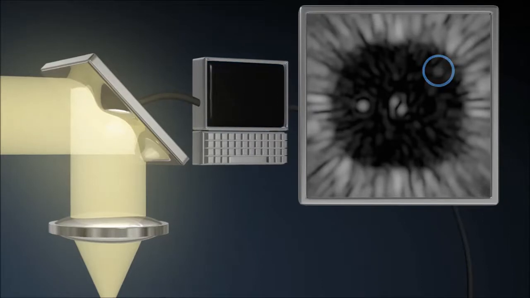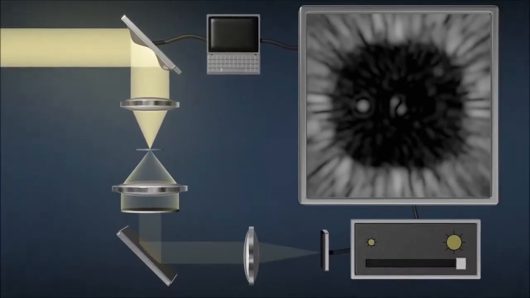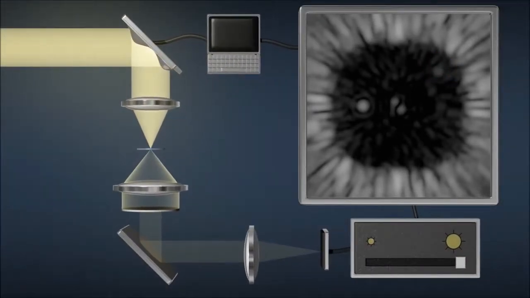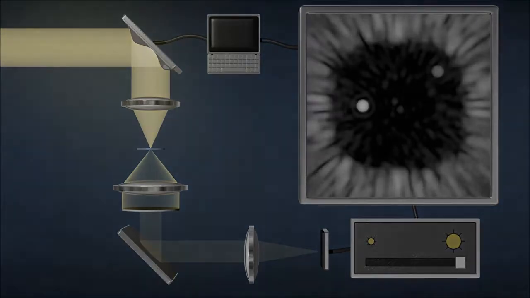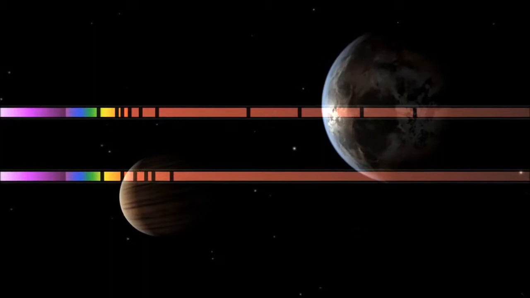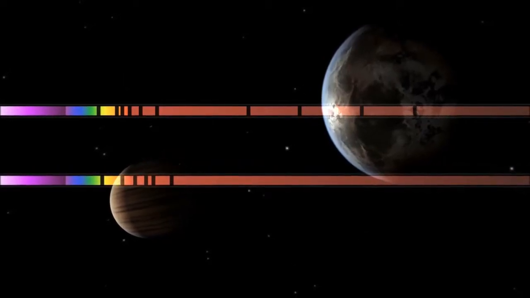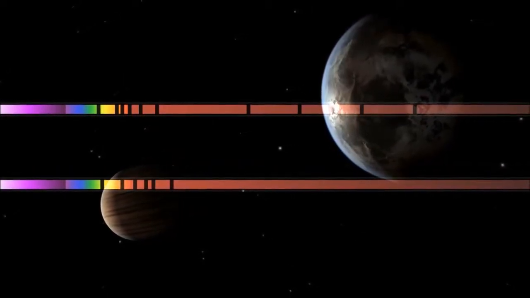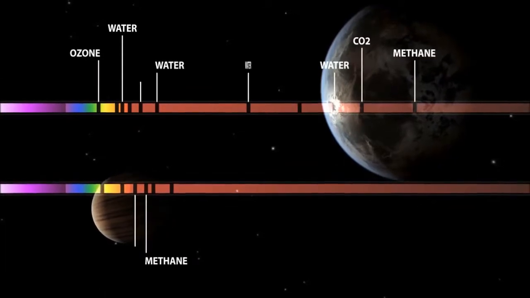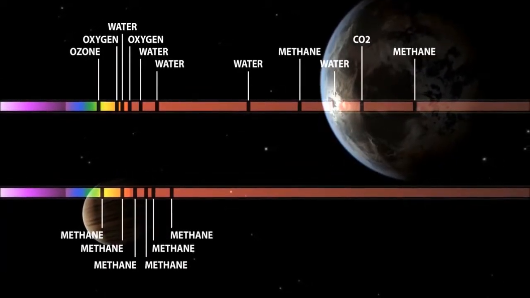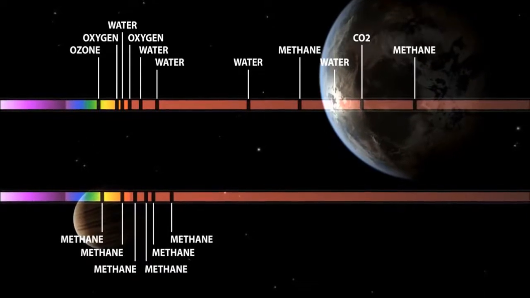We can now start to see objects more than 1 billion times fainter than the star. Deep within the glare of their star, we have discovered our two planets. And if the light from these is passed through a prism, we will see the light spread out into rainbows of color. But when looking closely, some colors are missing. They were absorbed by gases in each planet's atmosphere, giving us important clues about their composition. The search for life in the universe has taken a new step forward.